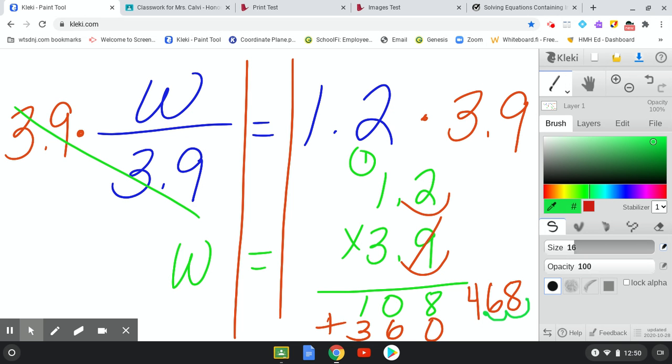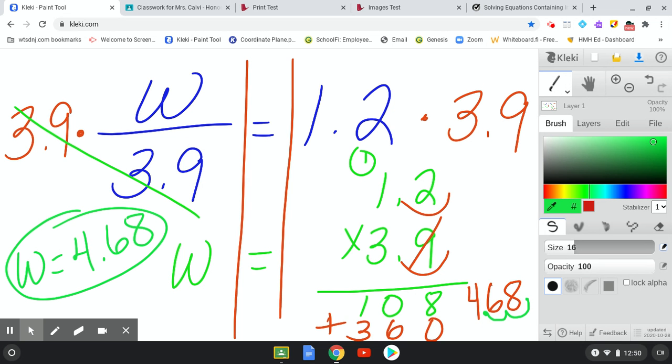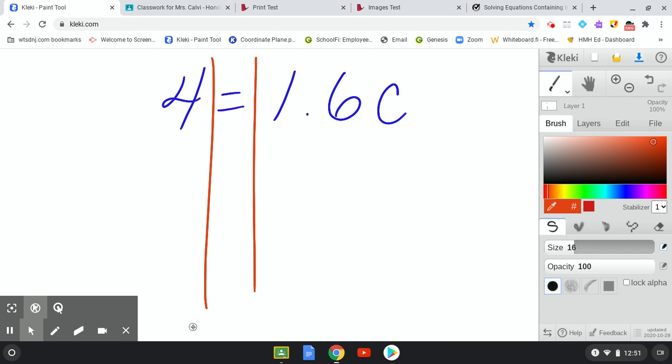My final answer would be w is equal to 4.68. And if you were to plug that 4.68 back in for w and divide it by 3.9, you would in fact get 1.2.